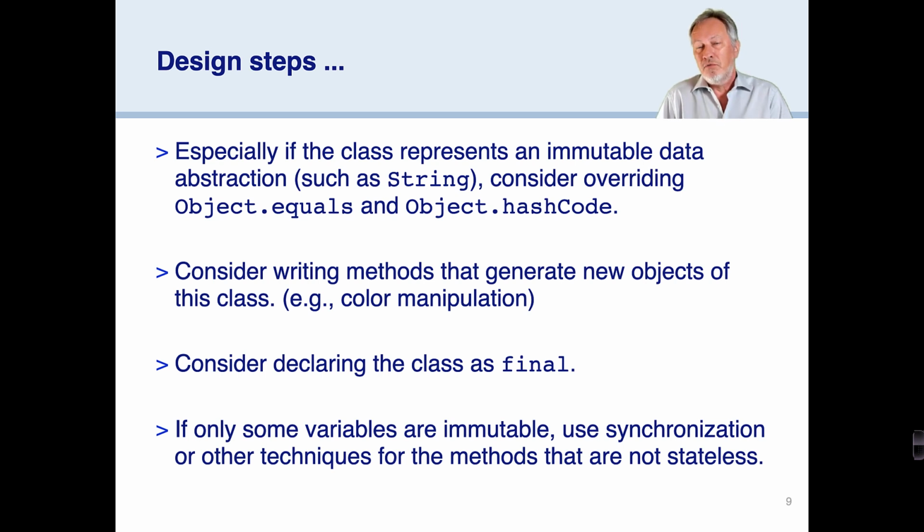Now, in order for fundamental data structures like dictionaries to work, you also need to make sure that hash code works correctly. In other words, two objects that are equal should always have the same hash code. The default implementation of hash code, however, will not guarantee this.